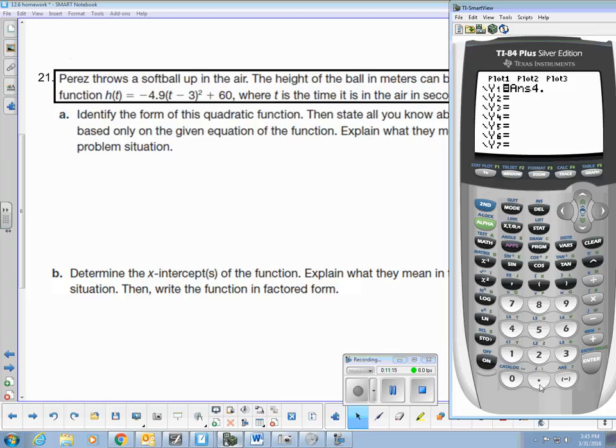So f of x is equal to negative 4.9 parentheses x minus 3 close parentheses squared plus 60. Okay, let's see what this looks like on the screen. So we need to adjust our window.